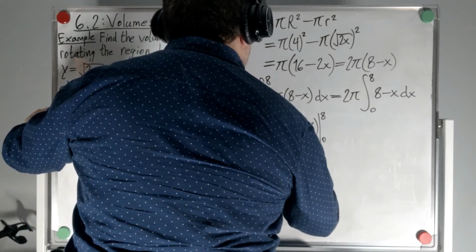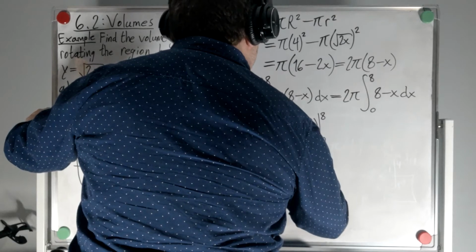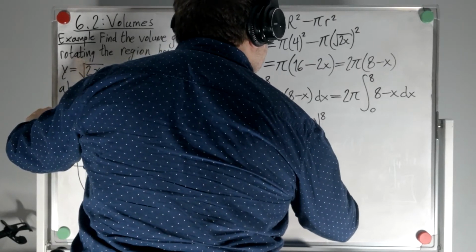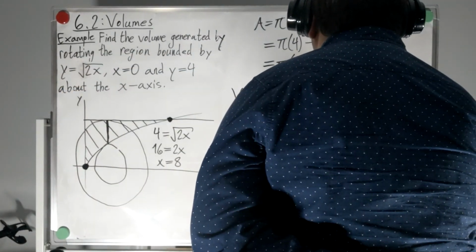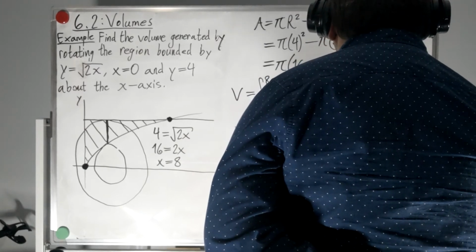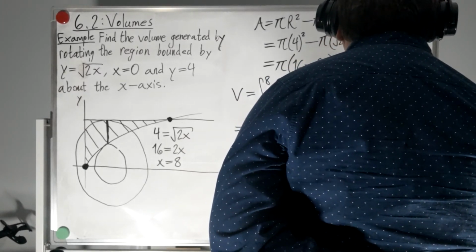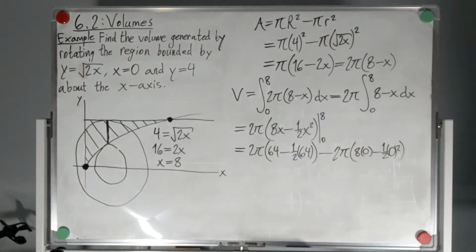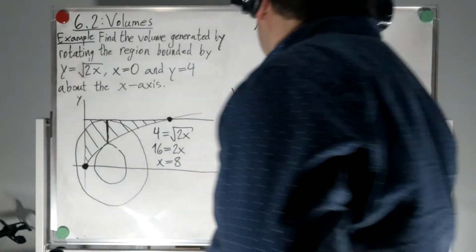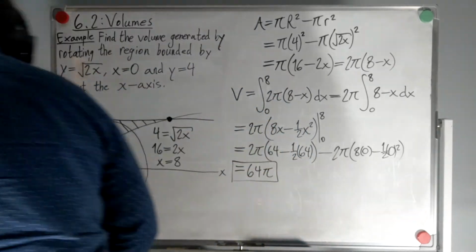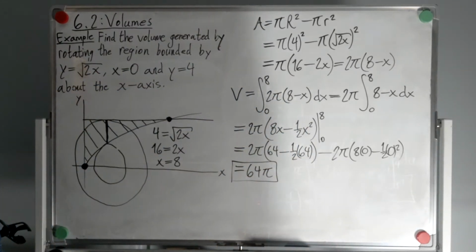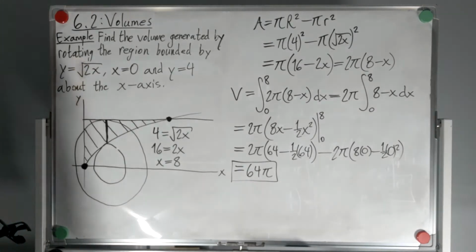So this is just 2 pi times 8 times 8 is 64, minus 1/2 of 8 squared is also 64, minus 2 pi times 8 times 0, minus 1/2 of 0 squared. 64 minus 1/2 of 64 is 1/2 of 64. Multiply that by 2 and you get 64. So this becomes 64 pi. Okay.